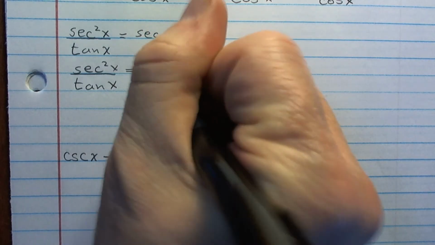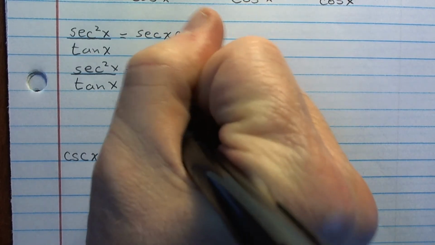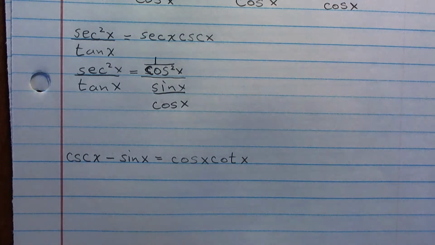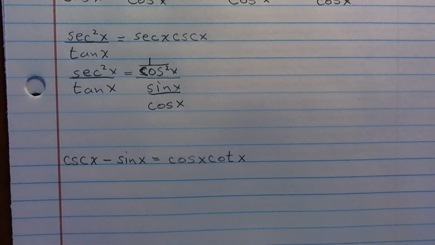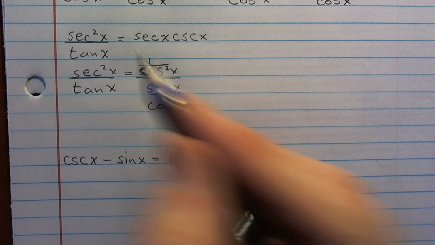I say, well, I'm going to write this as 1 over cosine squared x, see? And then down here, I've got sine x over cosine x. So I just converted everything to sine and cosine, and I'm wanting to see, well, maybe that will help me in some way. If I can convert it to sine and cosine, maybe I'll have enough identities in terms of sine and cosine that will work.